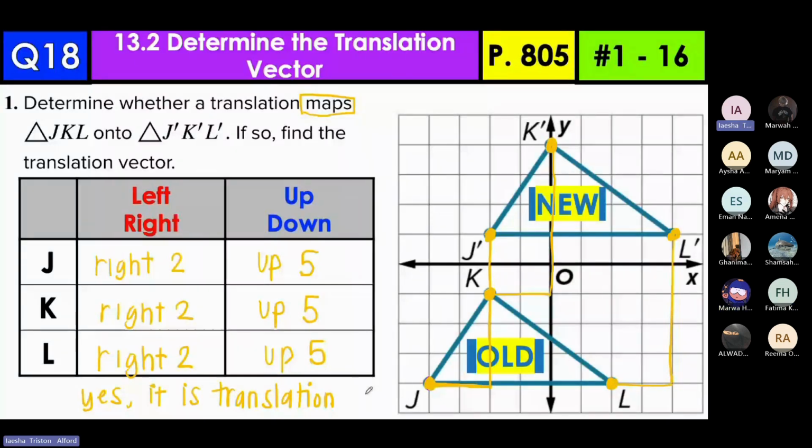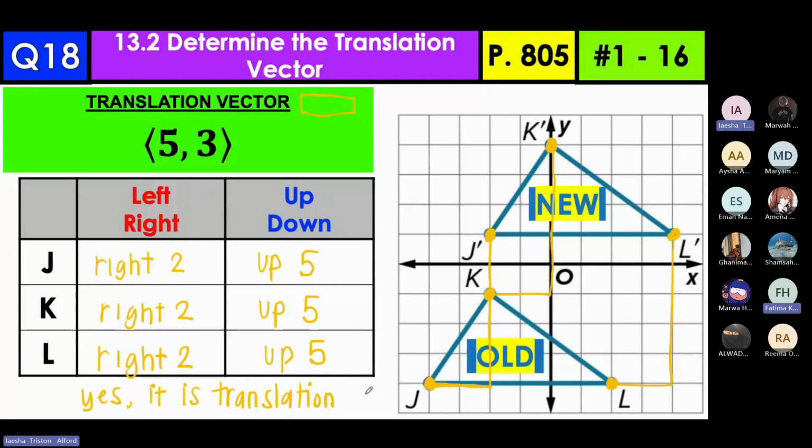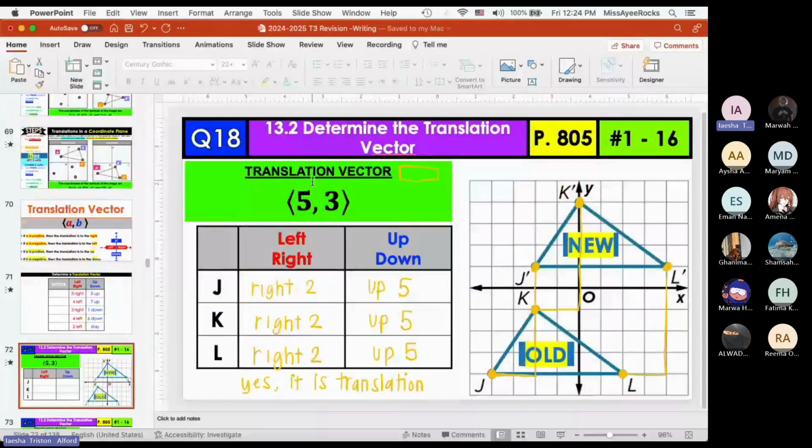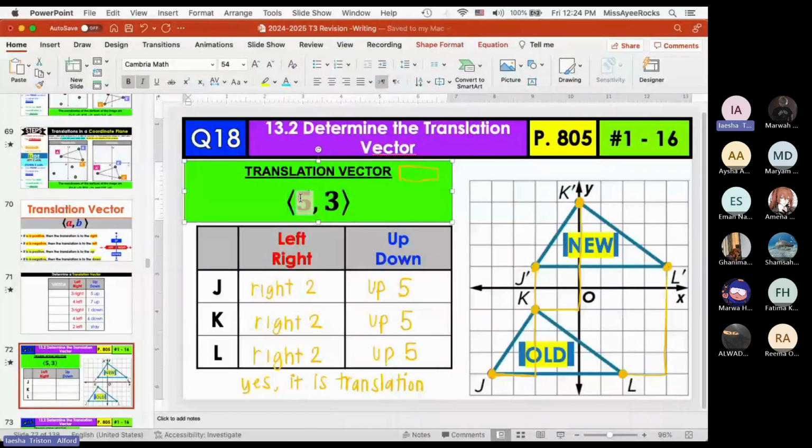Correct. Not that. So, positive 2 and positive 5.